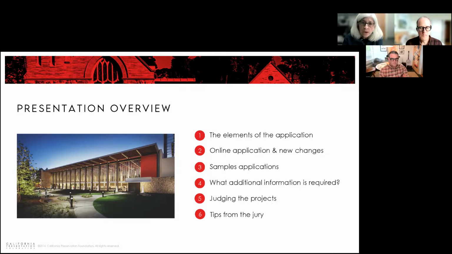We'll review the online application, taking you through a mock-up of that and highlight the new changes. We'll show you some sample applications, what they look like when they're finished and what the jury receives. We'll discuss additional information that is needed to enhance your application. We'll talk about how the projects are judged, and then we'll get some tips from the jury, from our co-chairs.